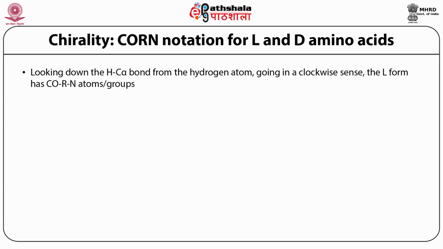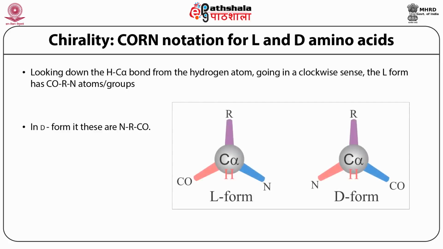If you go from left to right or clockwise sense, the L amino acid has groups CO, R, and N. That is why it is called CORN or L amino acid, and we usually have L amino acids in all our proteins. In D form, the notation is just the reverse. It is N, R, CO as we go in a clockwise sense and look from H to C alpha atom.